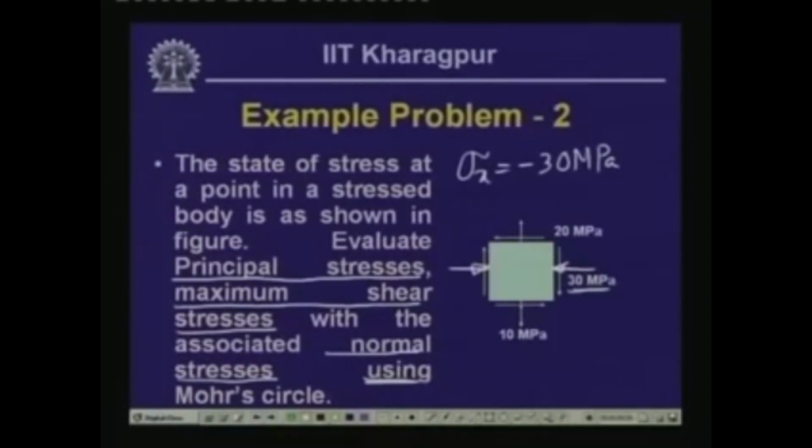Sigma y, the normal stress on the y plane, is 10 MPa. So, sigma y is equal to plus 10 MPa. Then we have the shearing stress. Now, if you note, the direction of the shearing stress is opposite to the positive y direction.